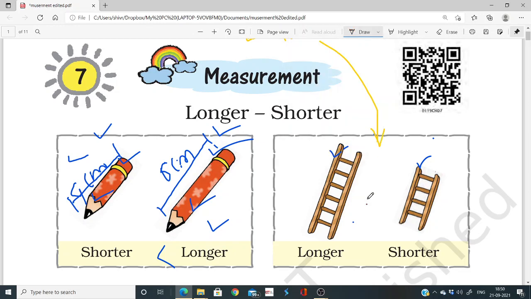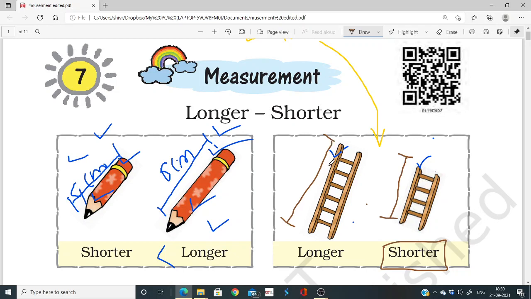Okay, now see the next picture. In the next picture we have to find out the same. In these two pictures, which is the longer ladder and which is the shorter ladder? Here we are already given that this ladder is shorter. Why? We have to measure first.